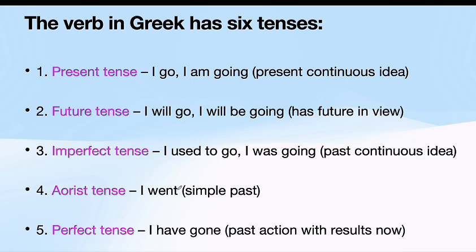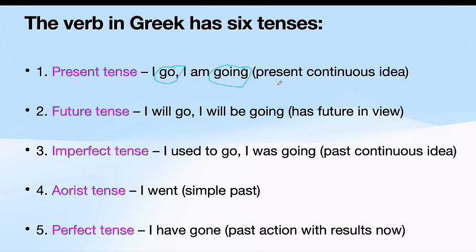The Greek 6 tenses. The present tense, I go. Go is in the present tense. Or I am going, the continuous idea. In a given Greek verb, a present tense will have many aspects.